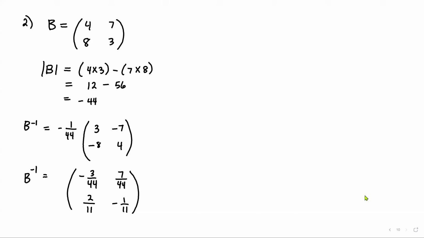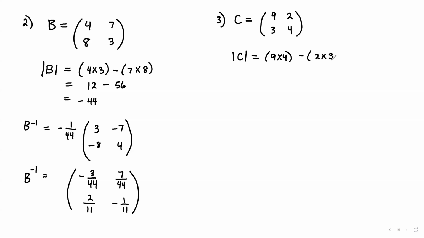Let me get number three. Right. Number three, the matrix C is given as 9, 2, 3, 4. The first thing, let's find the determinant of C. That would be 9 times 4, take away 2 times 3. 9 fours are 36, 2 times 3 is 6.